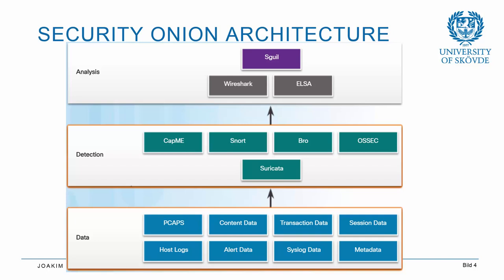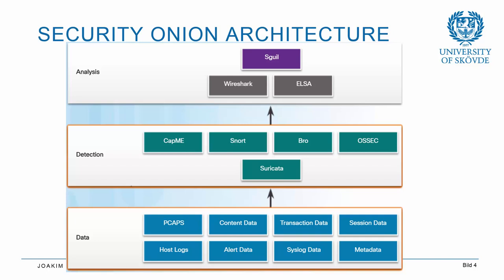Sguil is a tool that provides a high-level cybersecurity analysis console. And it's usually a starting point in the investigation of security alerts, because what it does is that it combines data from a lot of different sources.